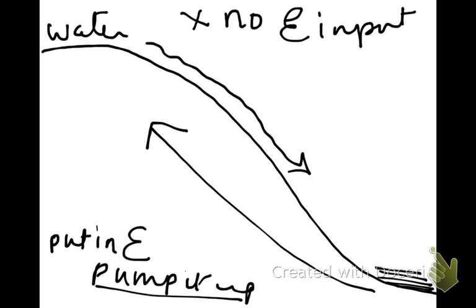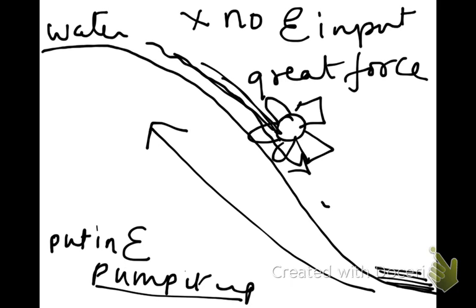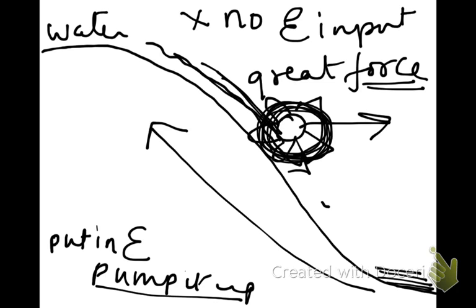Now, when this flows down with great speed, great force, what can happen? Imagine this. You have a turbine with blades, and you make a setup wherein the water flows on, and the force with which the water is flowing is capable of turning this turbine, turning the fans, and that generates mechanical energy.